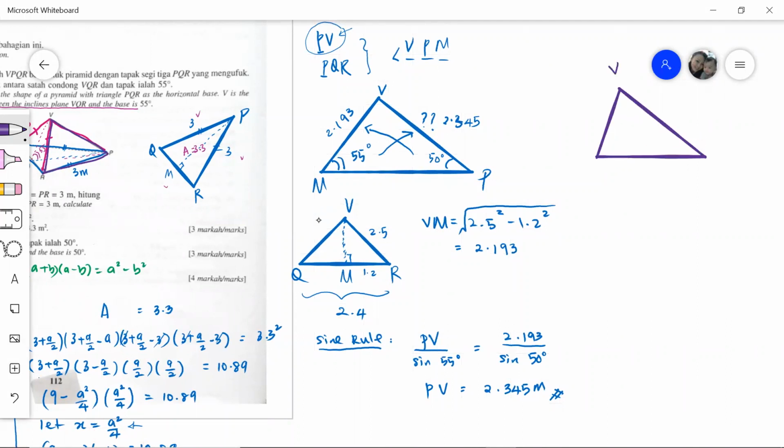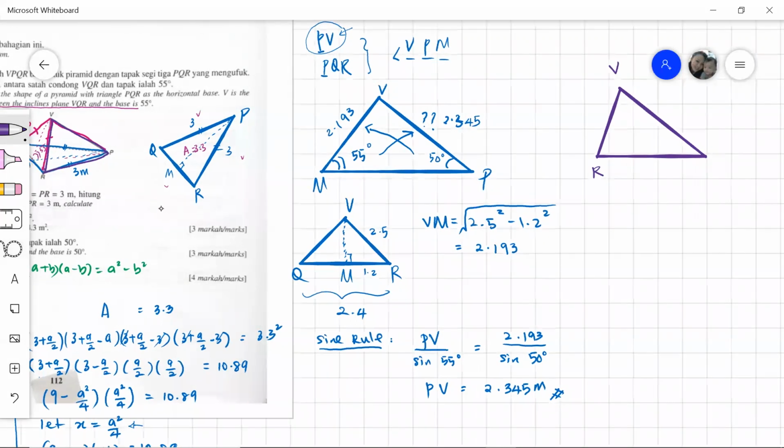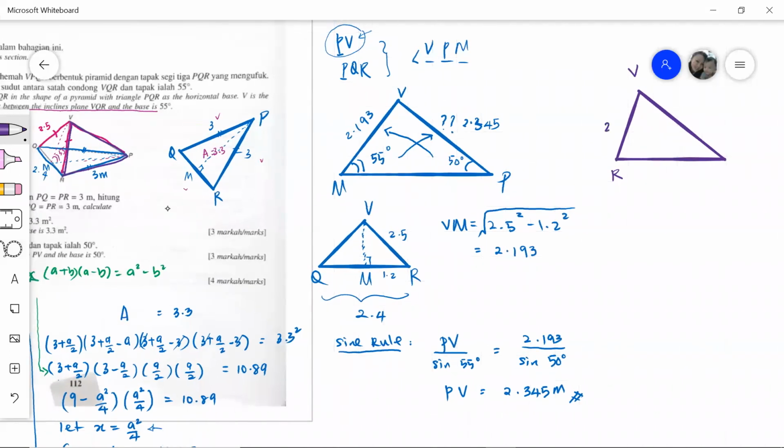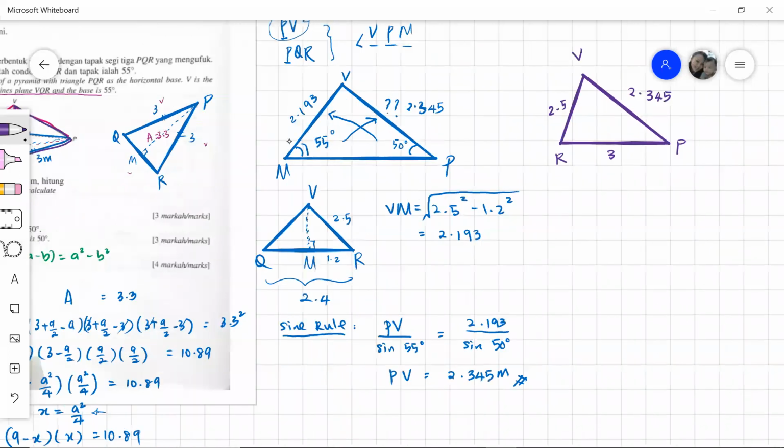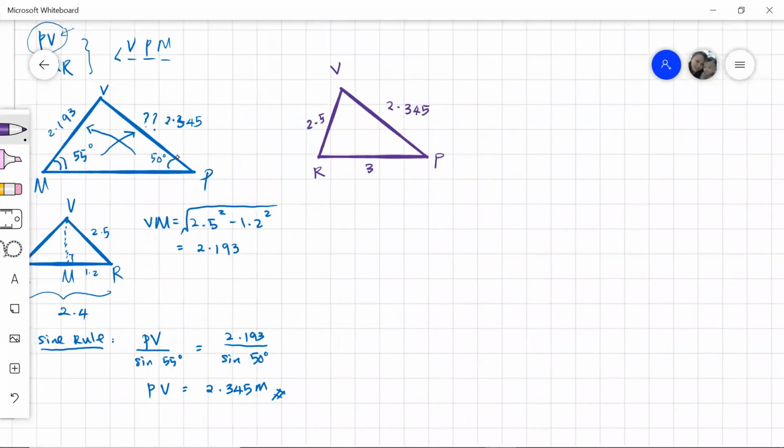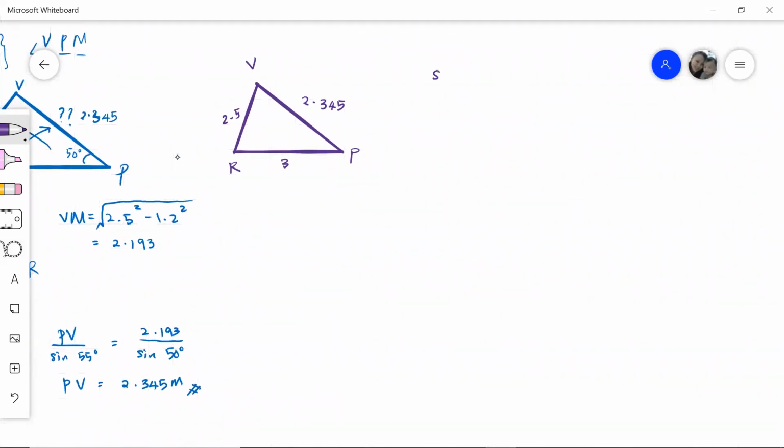Okay, this is V, R, and we know the VR, which is the same as the VQ, is 2.5, and VP, we just found to be 2.345 in part B, and then the PR was given also 3 meter. So we need to find this area. So how? With 3 sides, we can only apply Heron's formula. So let's find the semi-perimeter, which is 2.5 plus 2.345 plus 3, and then divided by 2.